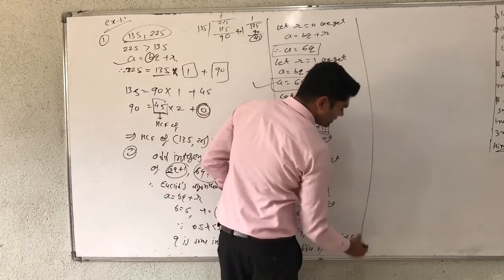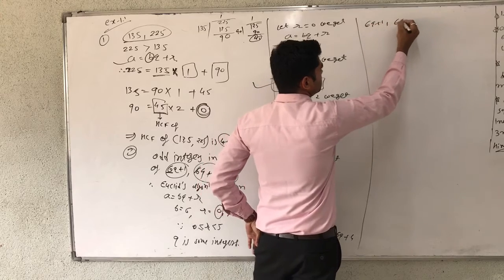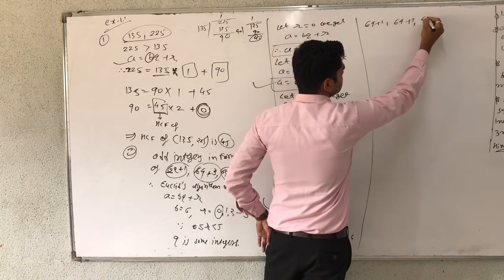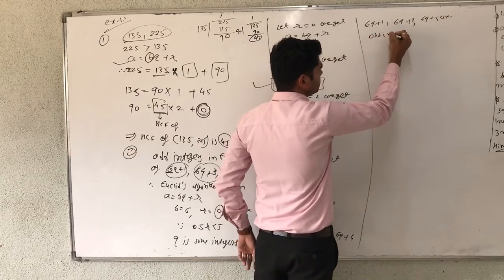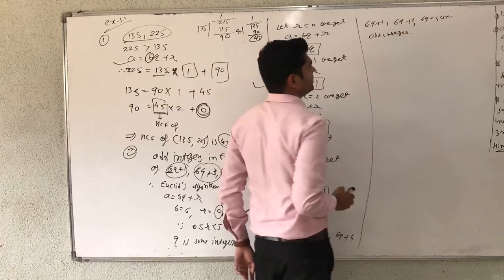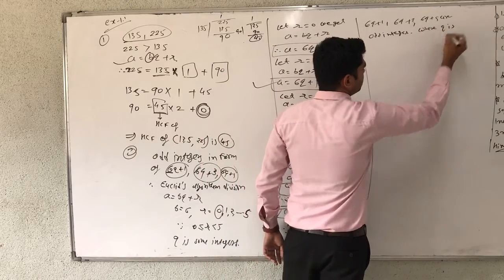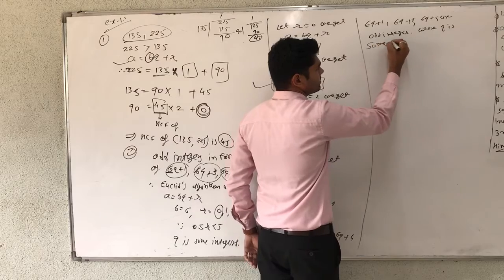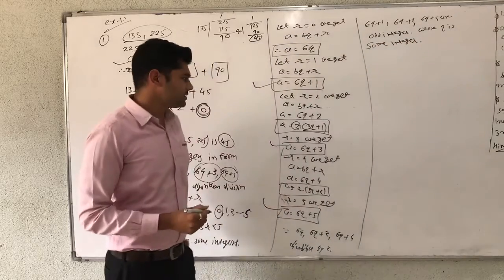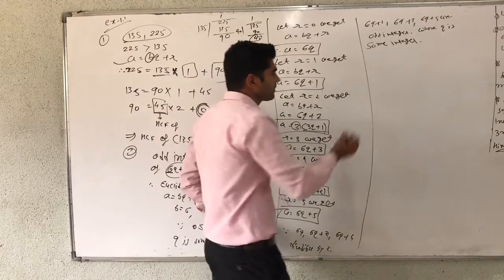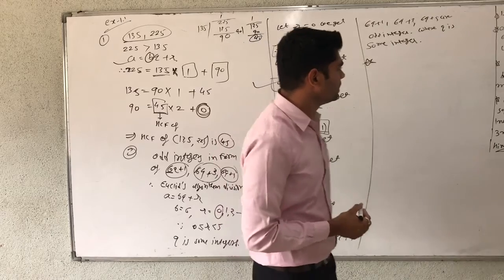Therefore, we say that 6q plus 1, 6q plus 3, and 6q plus 5 are odd integers, where q is some integer. The value of q can be any integer. So next question.